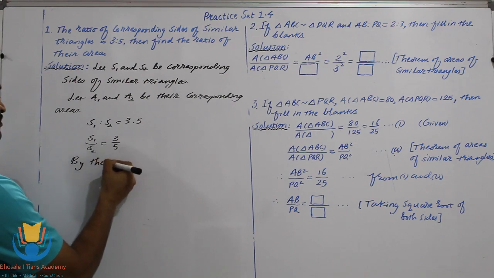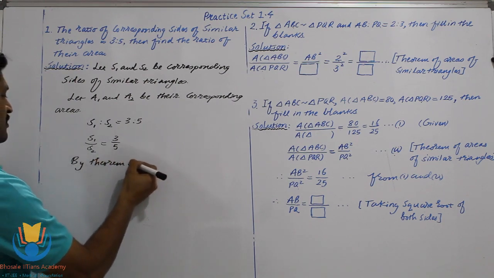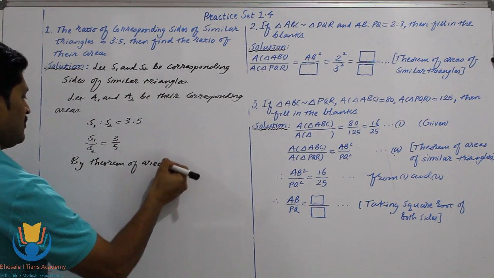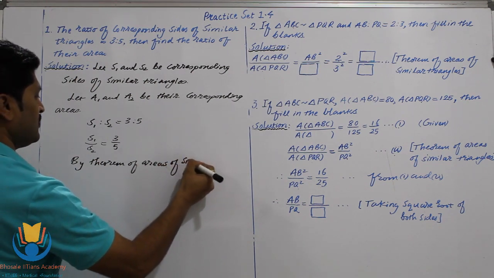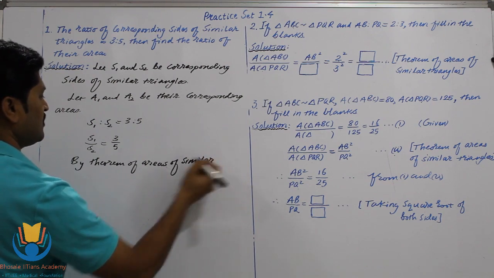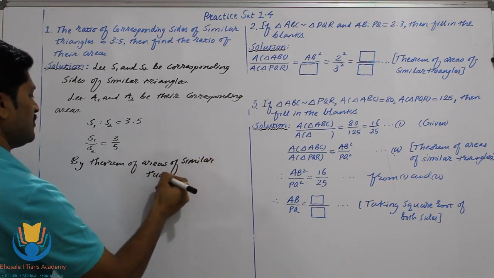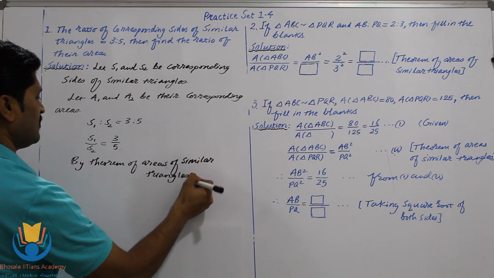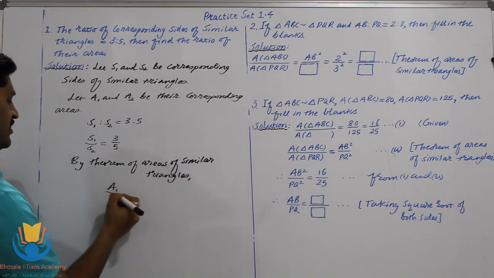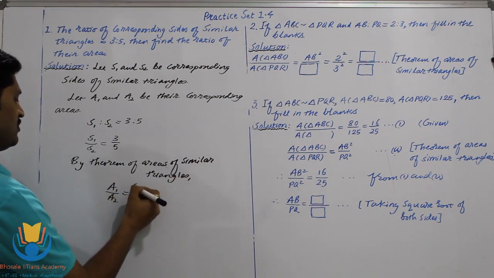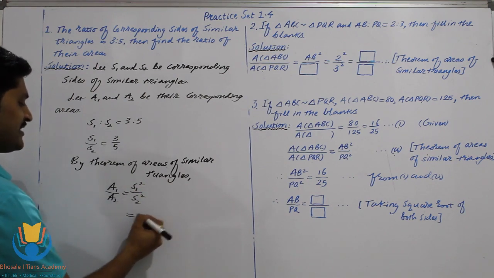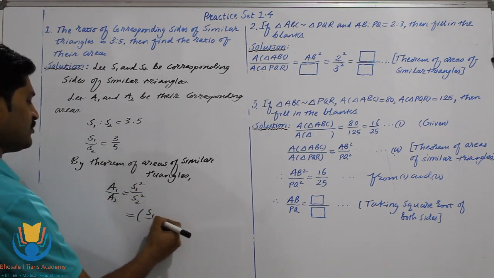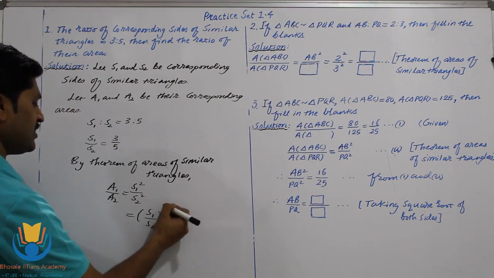By theorem of areas of similar triangles, A1 upon A2 is equal to S1 square upon S2 square. So the same can be written as S1 upon S2 whole square.